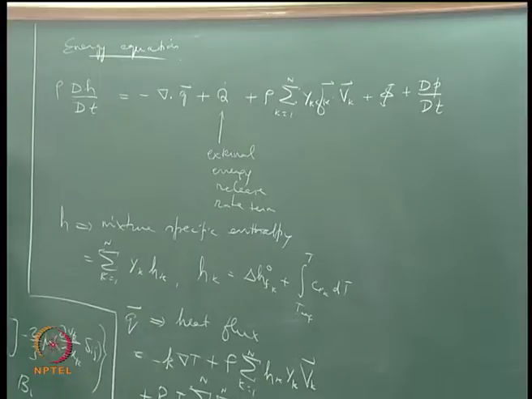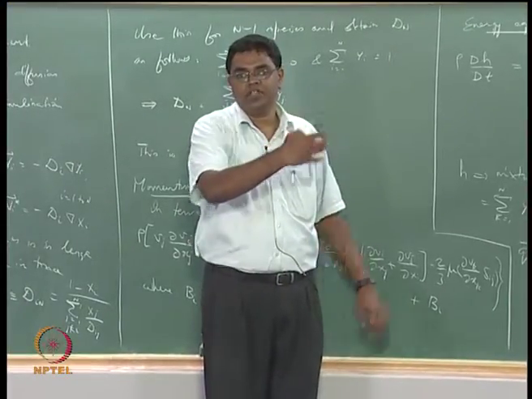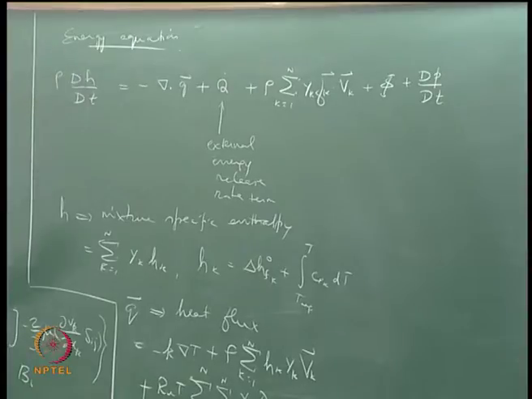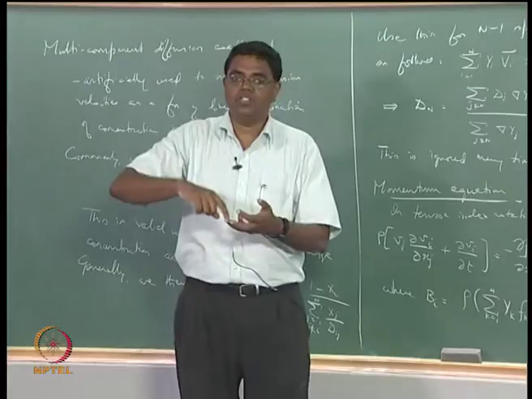But in reality, how is the enthalpy flowing into a point and getting out of that point? This looks like convection of enthalpy, but this is convection of enthalpy of the mixture, okay. But in reality, whenever any matter moves, it carries with it mass, momentum and energy.